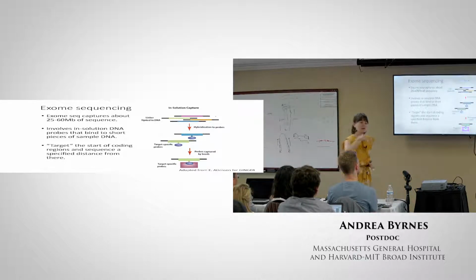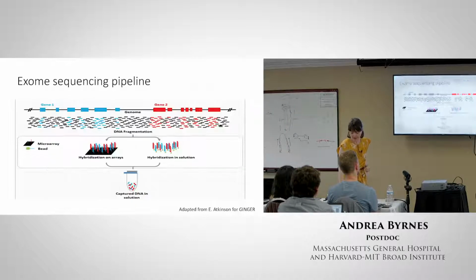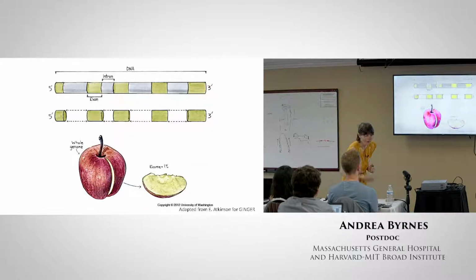And that's done before you run any of your sequencing. And then the same technology applies. So once you've isolated the DNA that you're actually interested in, you run it through a flow cell, and you end up with an exome.